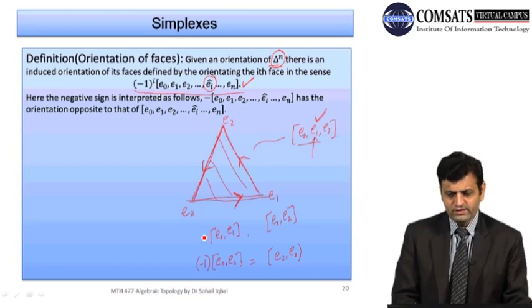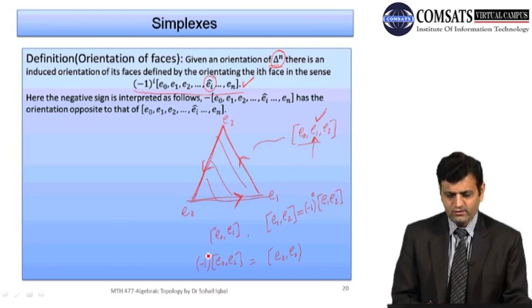So when I delete E0, it becomes E1, E2, which is just (-1)^0 times [E1, E2]. So we are not adding any negative sign in this case. But when I delete E1, I will get E0, E2, but then I need to add (-1) raised to power 1, because I'm deleting E1.